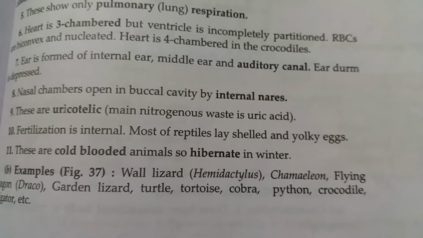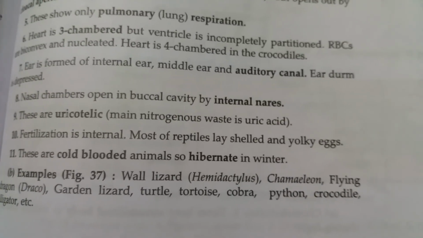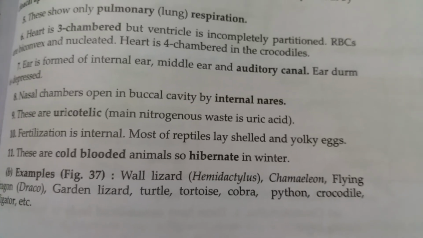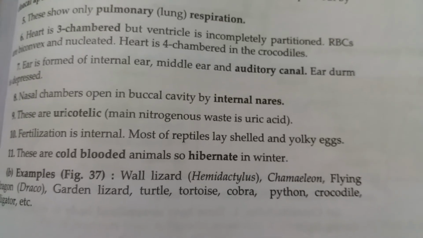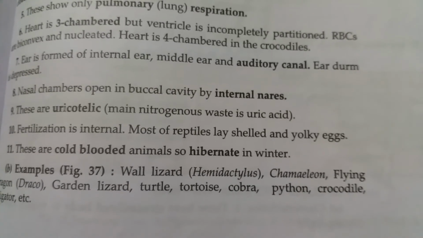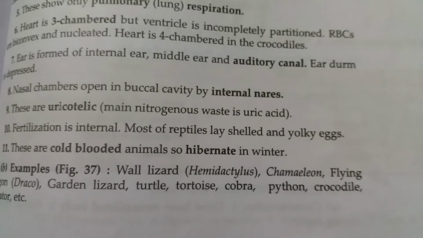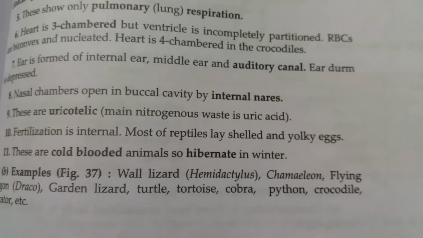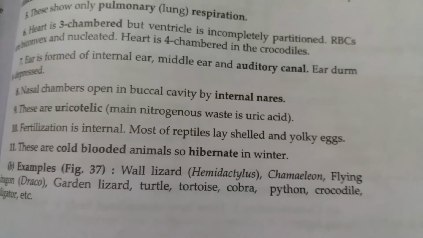Most reptiles lay shelled and yolky eggs. These are cold-blooded animals, so they hibernate in winter. Examples: wall lizard, garden lizard, turtle, tortoise, cobra, python, crocodile. These all come under class Reptilia.